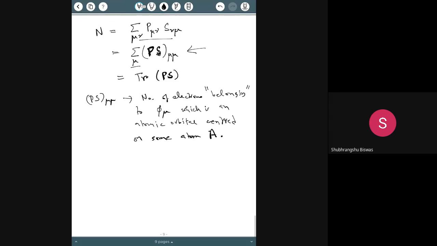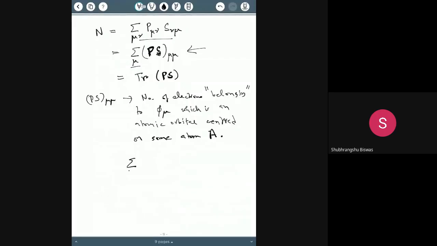Now, if I sum over all the atomic orbitals belonging to a particular atom. So these are the basis functions. Remember, they were atom specific, so I know which atomic orbitals belong to which atom.